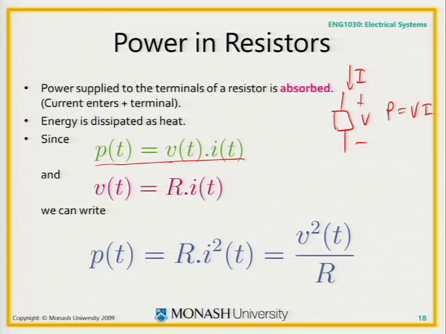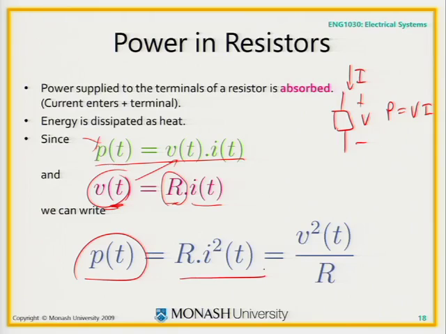However, we also know that the voltage is equal to this proportionality constant, R, times the current. So we've got two equations now. We can combine these, plug one into the other, do a little algebraic manipulation, and you can find the power for any resistor. Only for a resistor can it be simplified to R times the square of the current, or the square of the voltage divided by R.